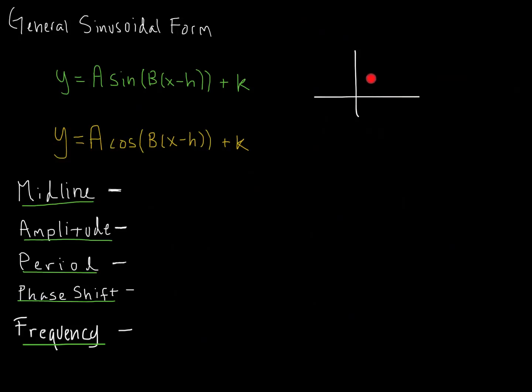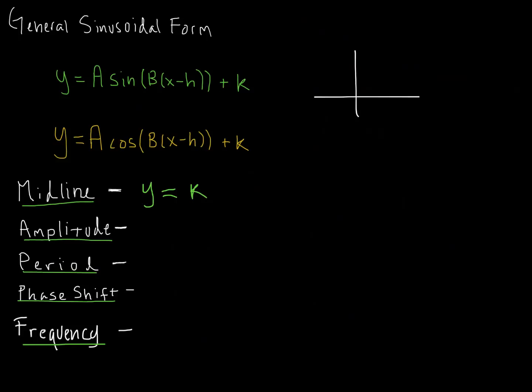But if I were to translate it upwards, now I have something that looks like that. And so now the midline has moved up however many units I've moved upwards. So translating by changing k is going to change the midline, and in fact the midline is just going to be the line y equals k.